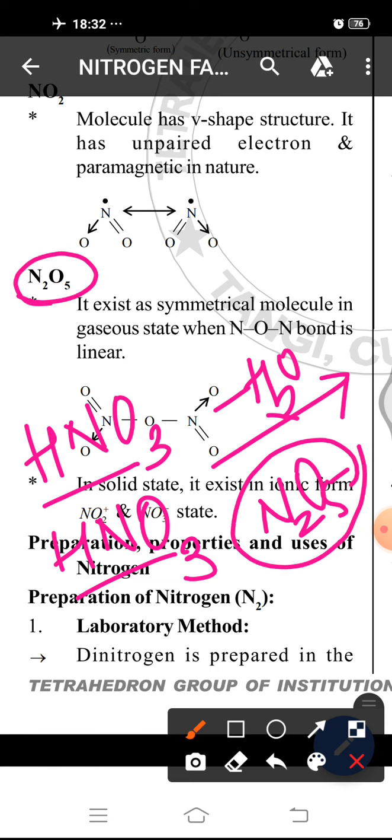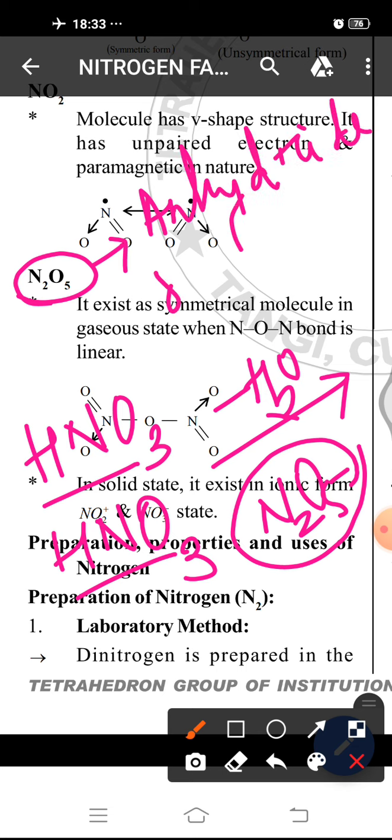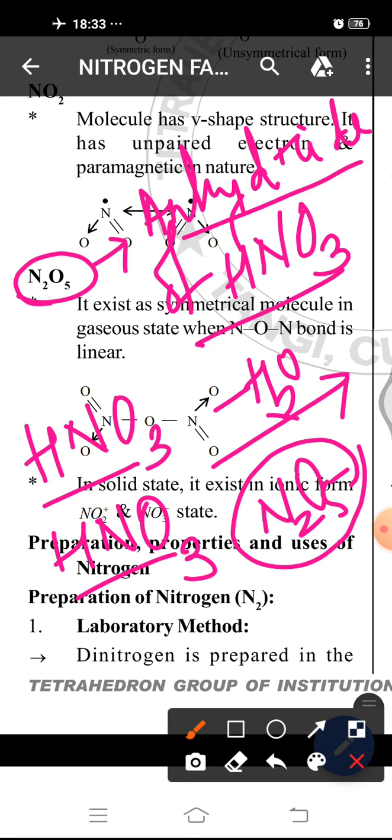So N2O5 is otherwise called the anhydride of nitric acid. You can mention it.